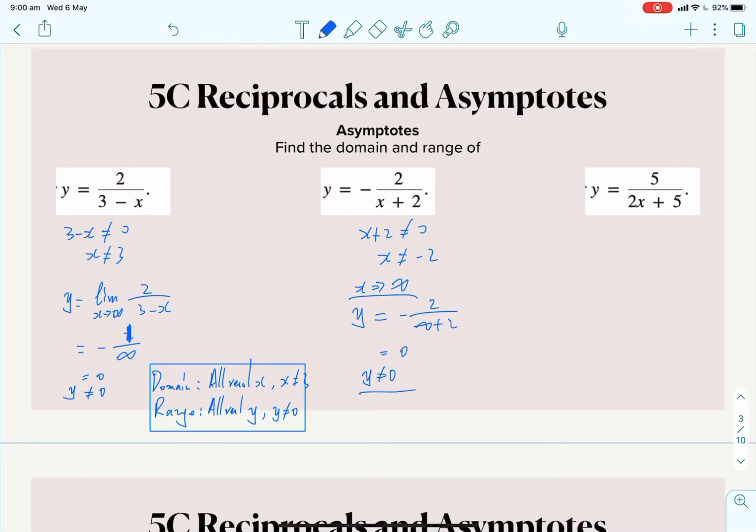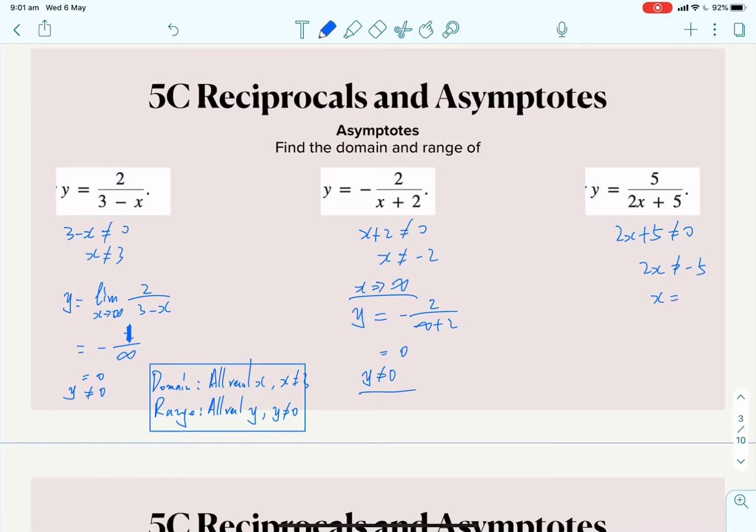So we got the domain and range. Last one. Apologize, the school bell is Star Wars this week. Okay, now again, the denominator can't be 0. 2x plus 5 not equals 0, 2x not equals to negative 5. You can use fraction or decimal, doesn't matter.